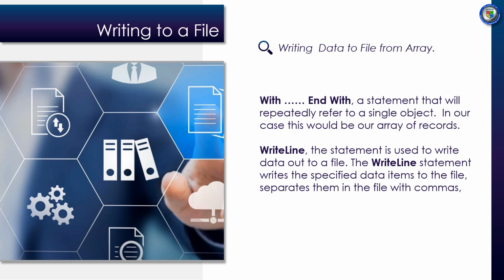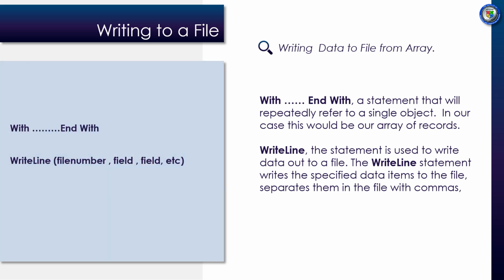In our case, this would be our array of records. We would also use the write line statement to output data to the file. The write line statement writes the specified data items to the file and separates them in the file with commas. We can see an example of the logic here.